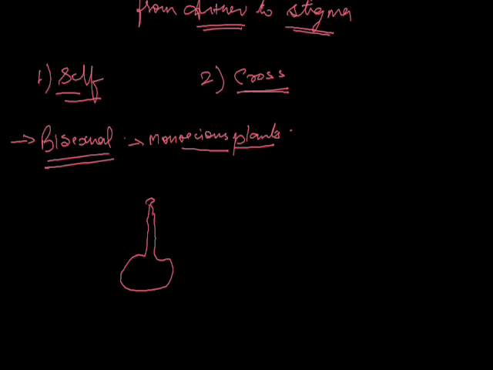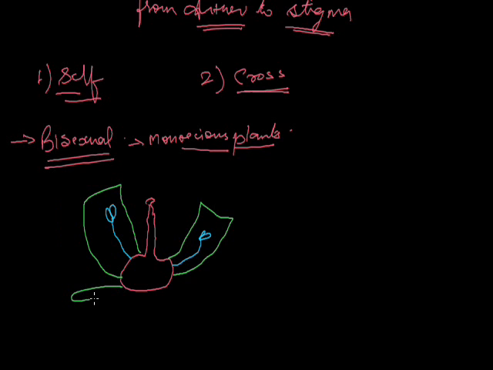This is the innermost part of a flower, and these are the colorful leaves of the flower, that is the petals. Here you can see the bilobed structure, that is the anther. This is the thalamus at the bottom of the flower.